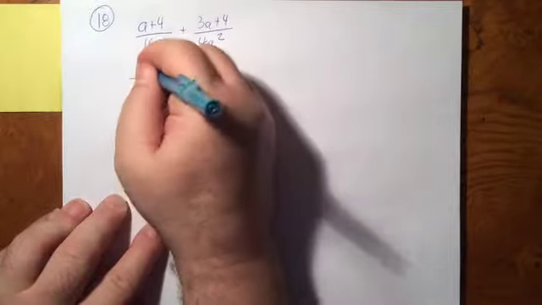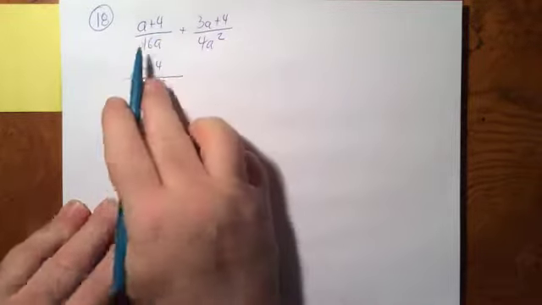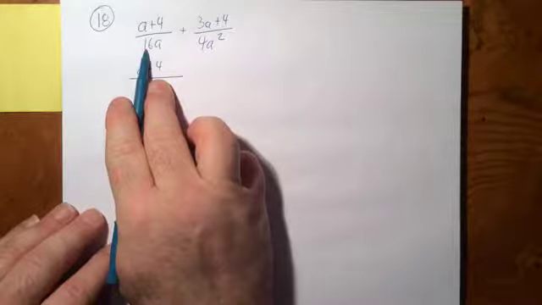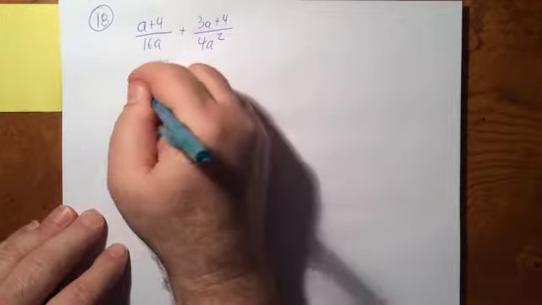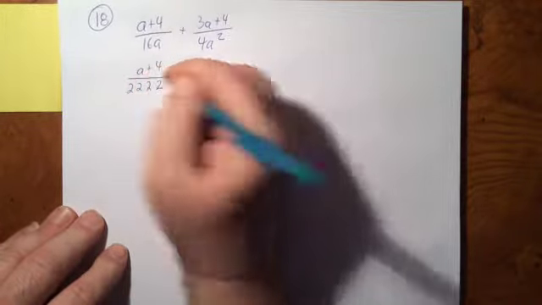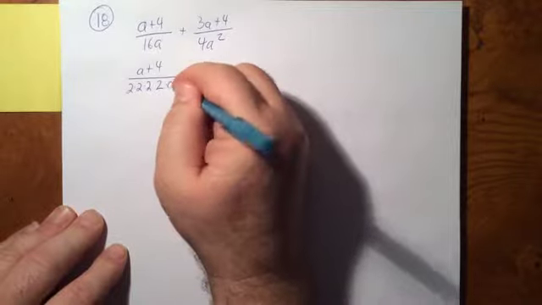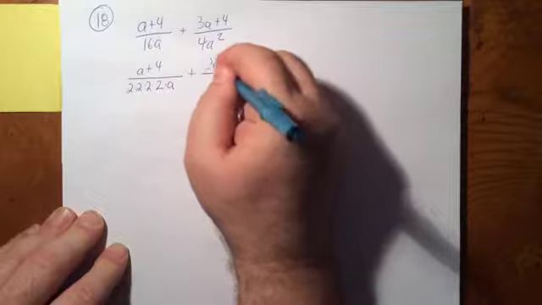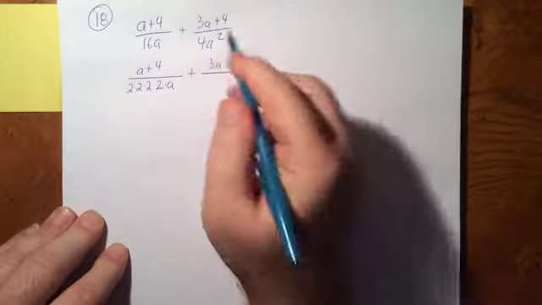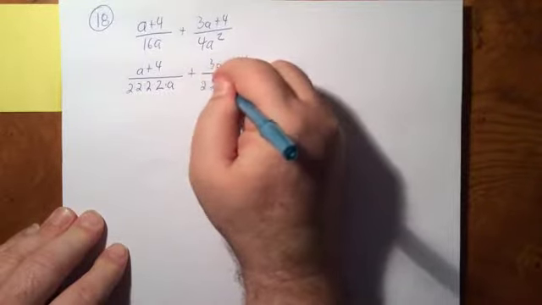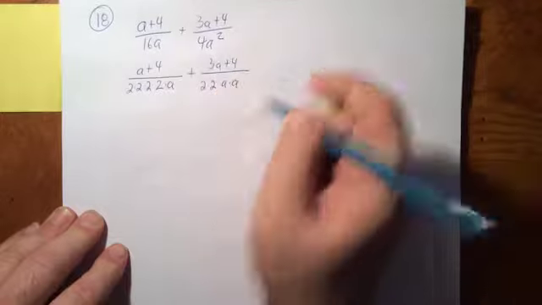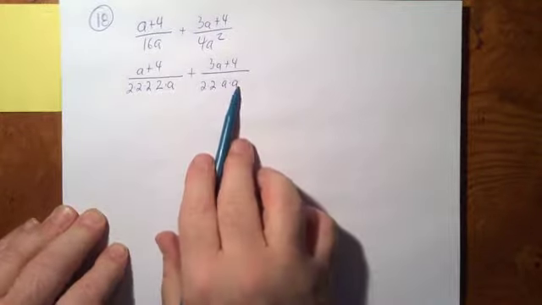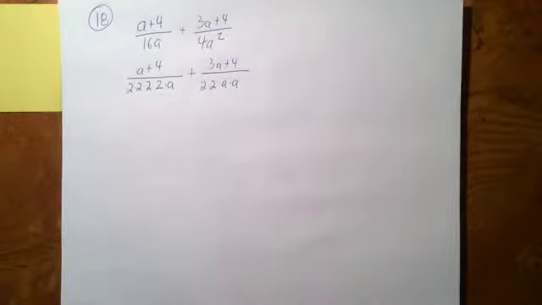We'll do this up here. a plus 4. 16 is 2 times 2 times 2 times 2 times a, plus 3a plus 4 over 2 times 2 times a times a. 4 is 2 times 2. A squared is a times a.